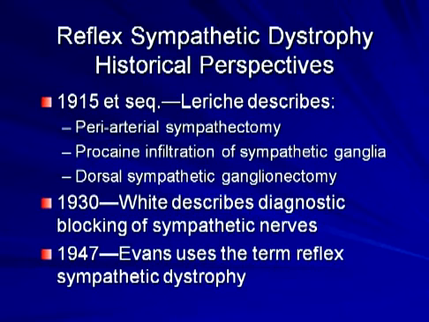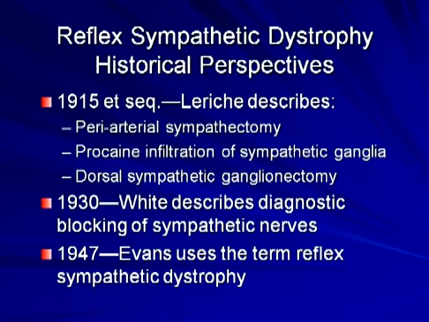Cocaine was the first local anesthetic, and procaine was a synthetic development of an injectable form of anesthetic agent. And he described procaine infiltration of sympathetic ganglia as a treatment. Now, this was done openly, surgically. It wasn't through a needle. It wasn't like we do now using fluoroscopy.